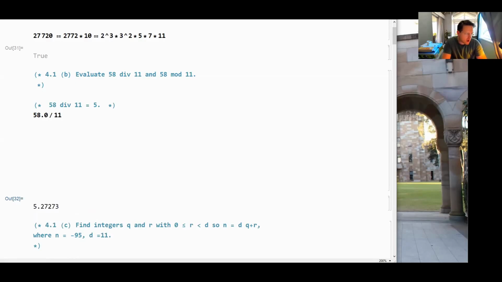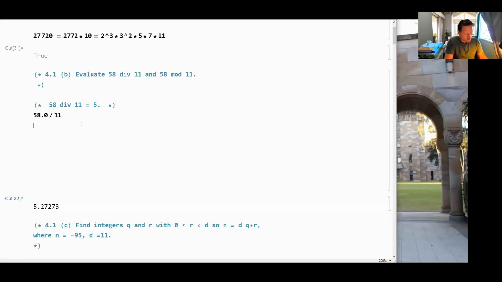Now, how about 58 mod 11? To get the remainder, it's the least non-negative remainder when you divide 58 by 11. Of course, I can also calculate that with my computer, but this is one that you can do by hand or by computer or by calculator.